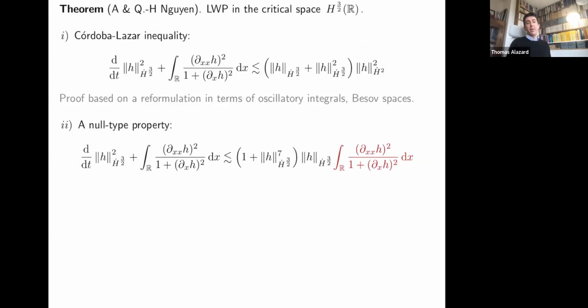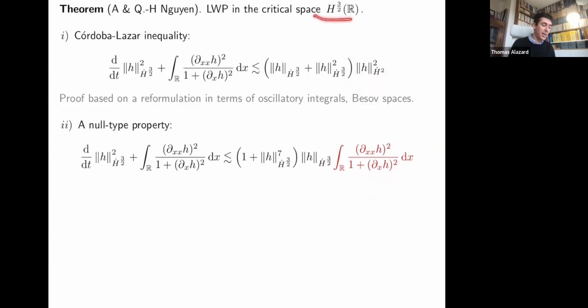With Kokung Nguyen, our proof is based on a refinement, and we observe a null type property, namely that in every step of the proof, you can replace the H^2 norm by this factor, which is smaller because for us, we are not assuming that ∂x h is controlled in an infinity norm.